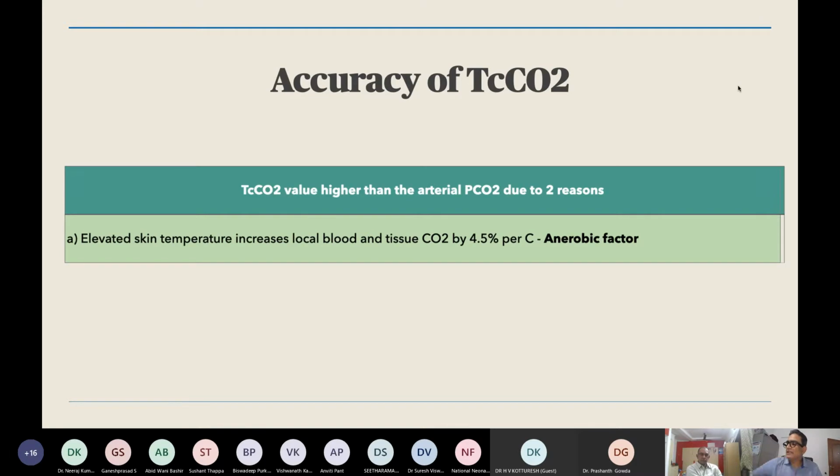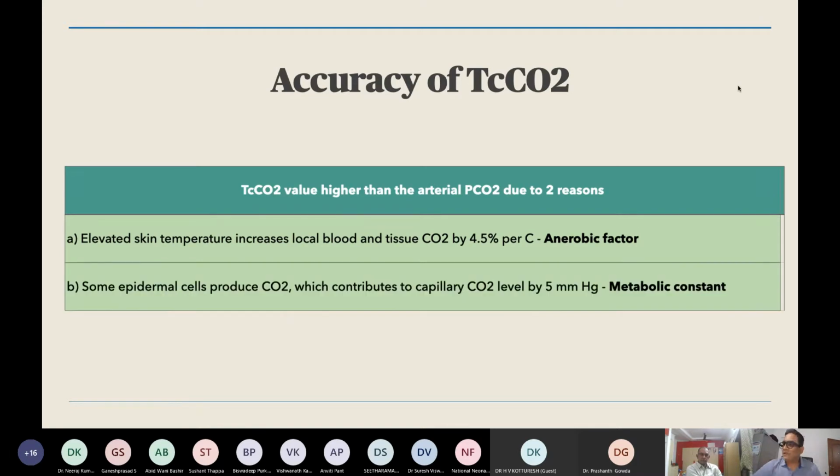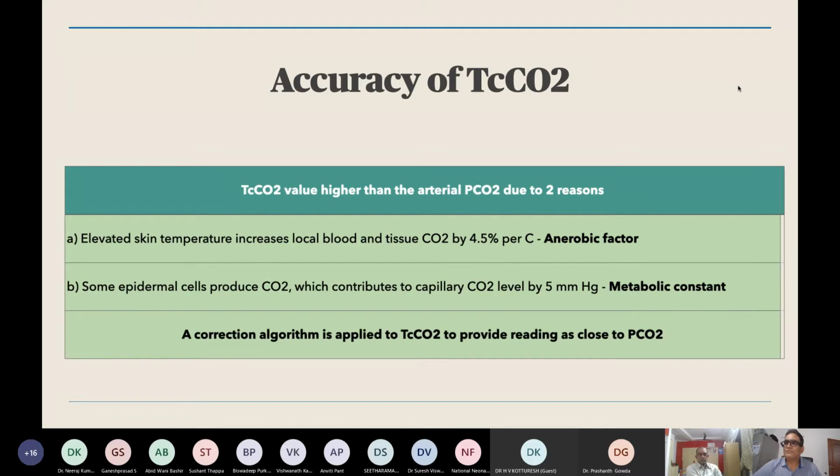This is the anaerobic factor. And some epidermal cells produce local CO2, which can contribute to the capillary CO2 by 5 millimeters of mercury. This is the metabolic constant.